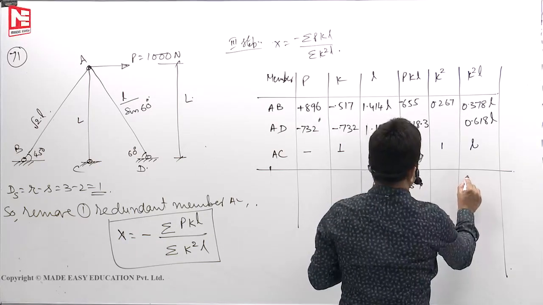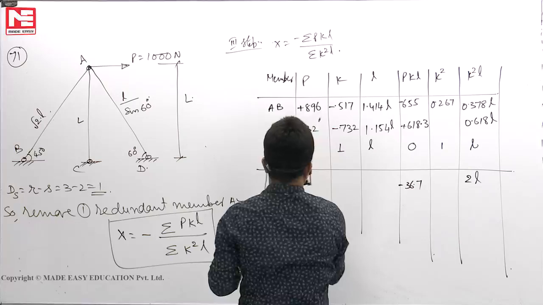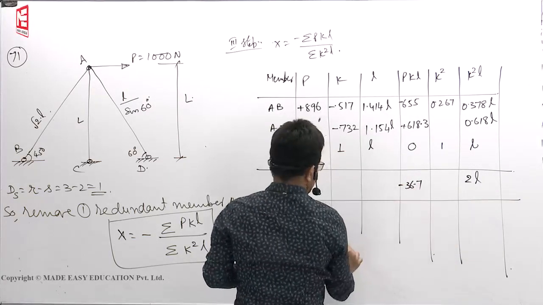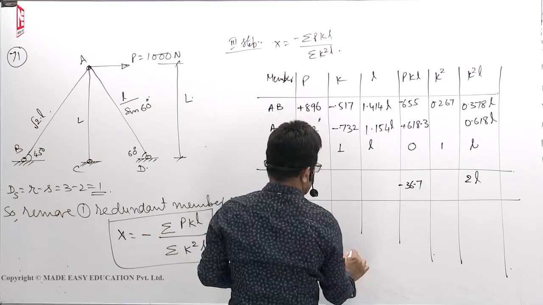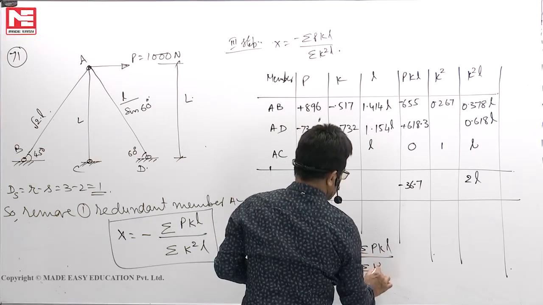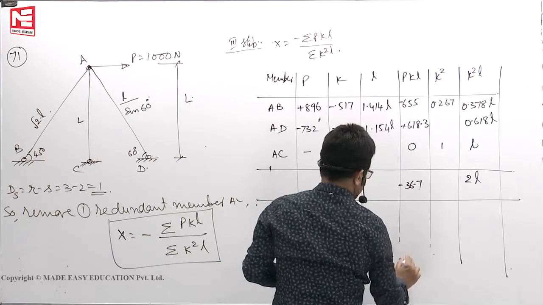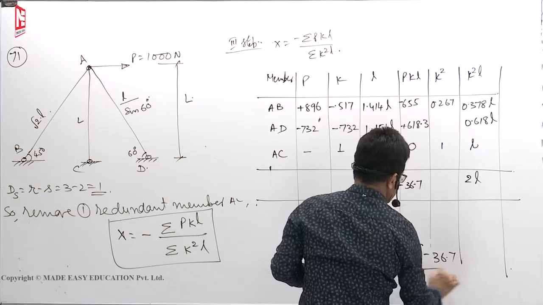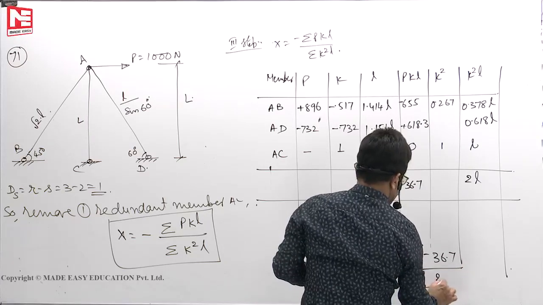So almost 2L you will get, K square L. So X value is minus summation of PKL by summation of K square L. So minus of PKL is minus 36.7 by K square L is 2L.